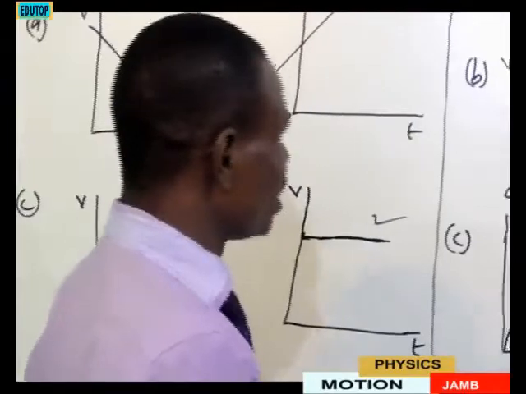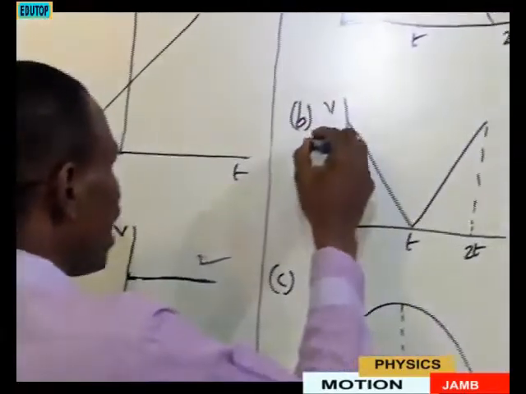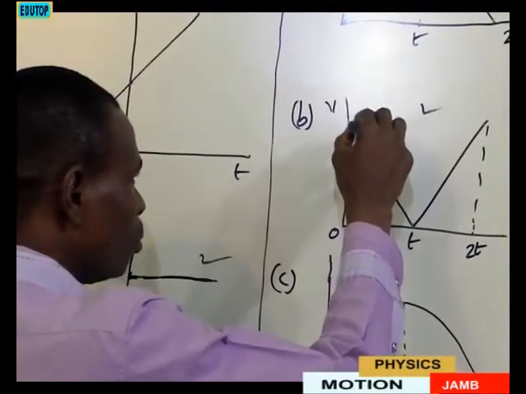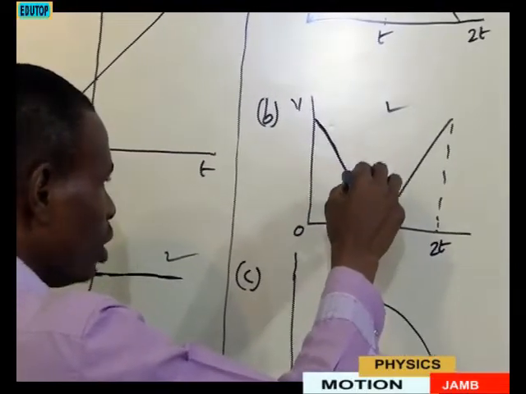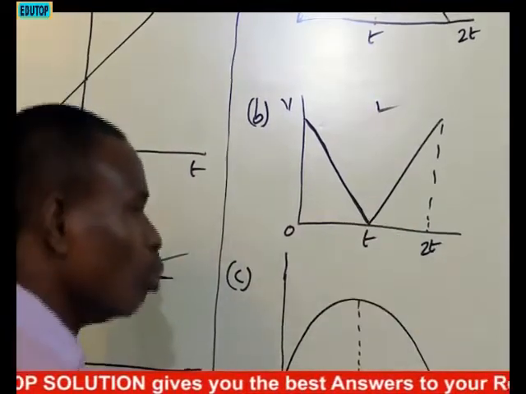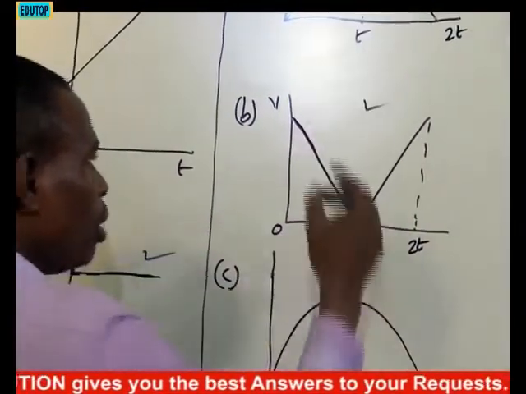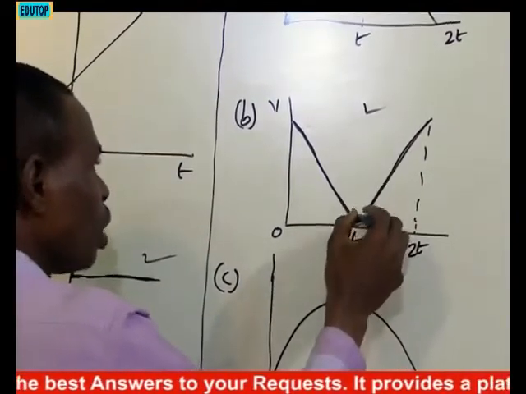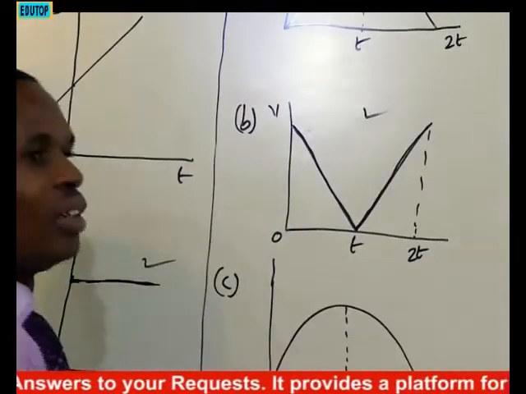So in this case, you have B as your answer. When the line is coming down like this, it represents the motion of the object moving upward. Then when it's going up like this, it represents the motion of the object moving downward.